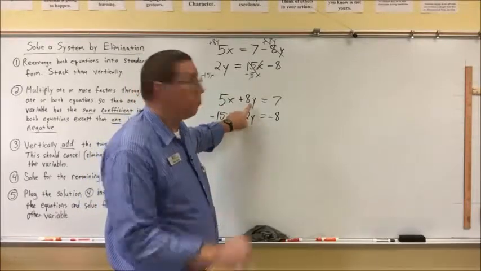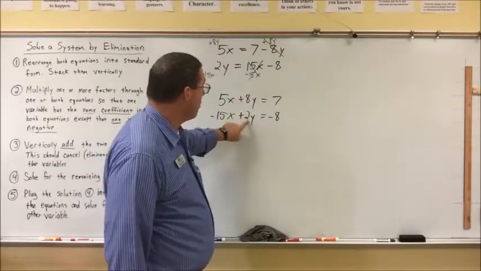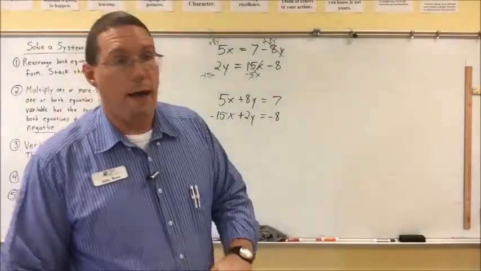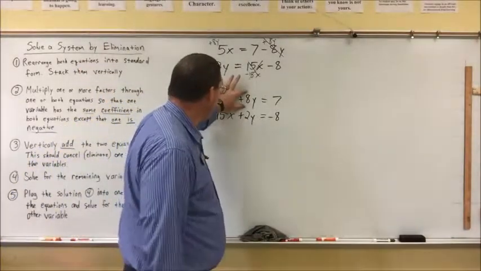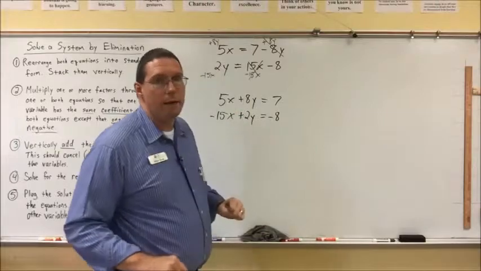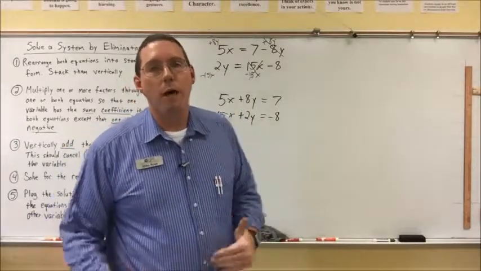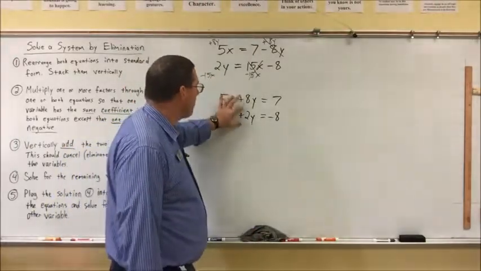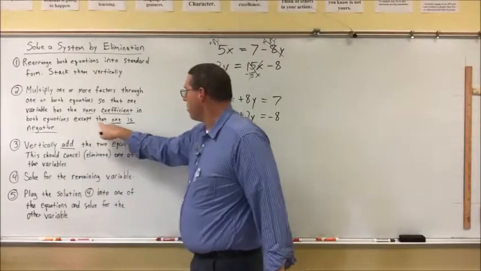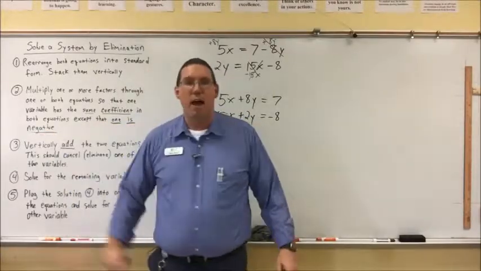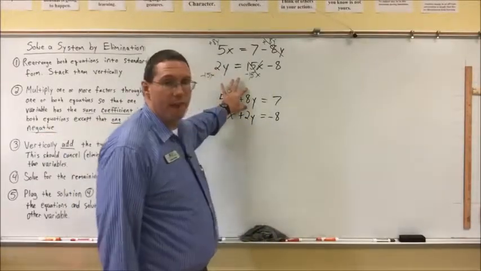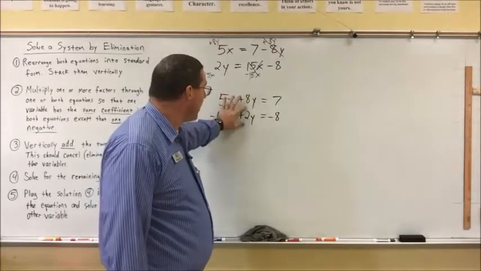But the problem with multiplying by 4 is that it'll become positive 8y. Then I'll have a plus 8y here and a plus 8y here. I do not want two of the same sign. I need one of them to be positive 8 and the other one to be negative 8.